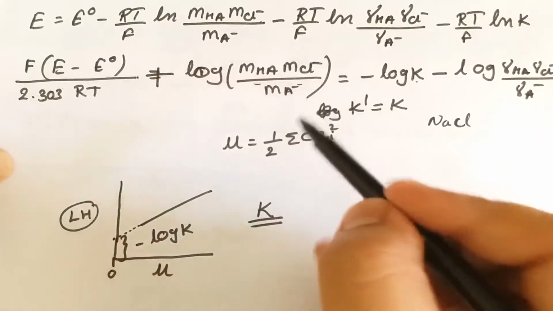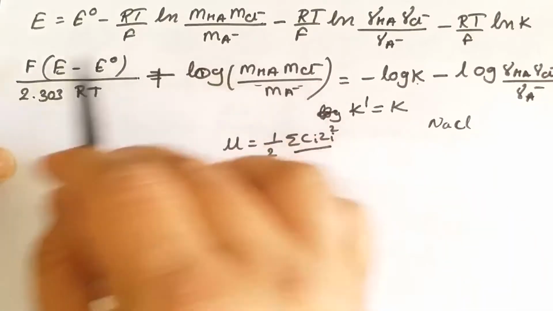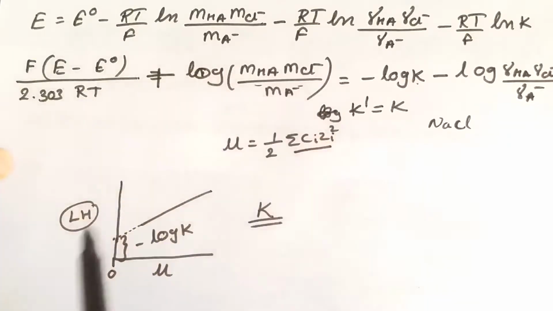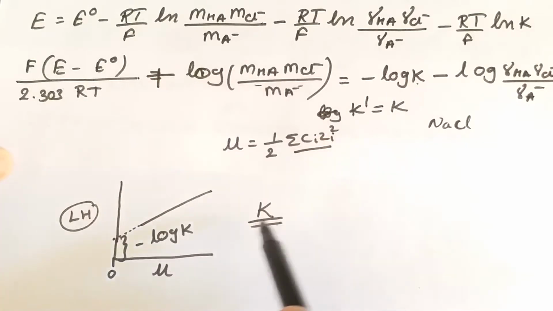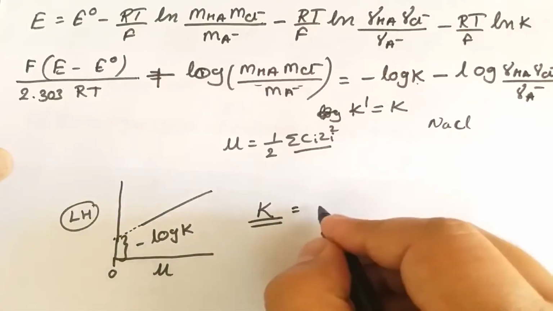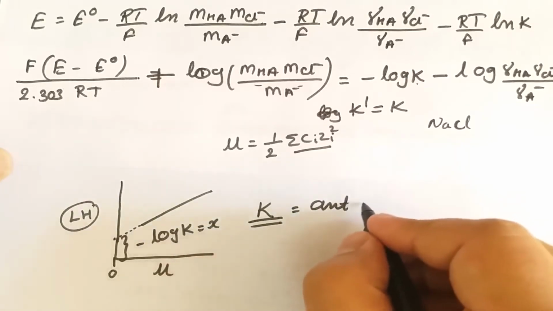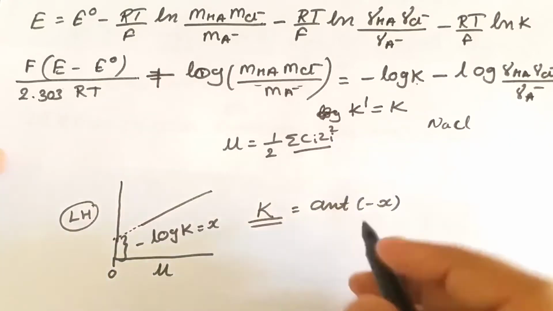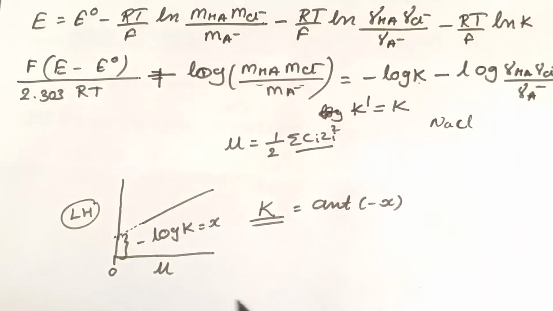Then we can easily calculate the ionic strength, and then ionic strength is plotted against the left hand side term of this particular relationship, which will give us a straight line, and the intercept at infinite dilution will be equal to minus log of k, and then by taking the antilog of that value, suppose the value is x over here, antilog of minus x will give us the value of k, and hence by using potentiometer we can easily determine the dissociation constant of weak acid.